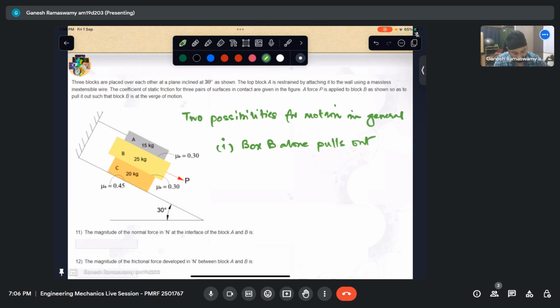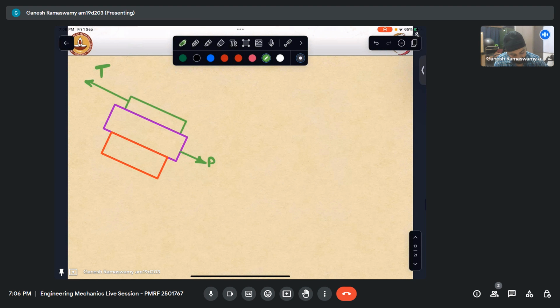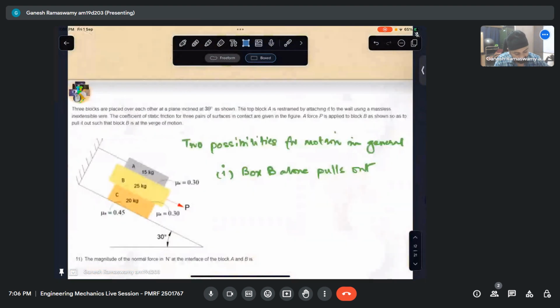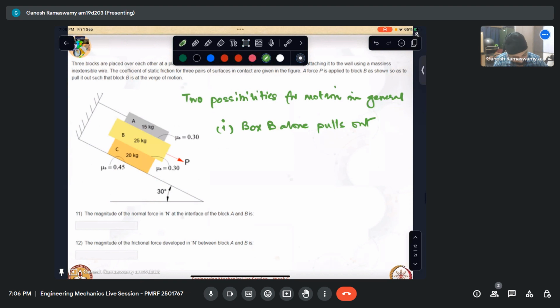It will just move like that. That is the first possibility. The second possibility is box B and C slide along the floor.